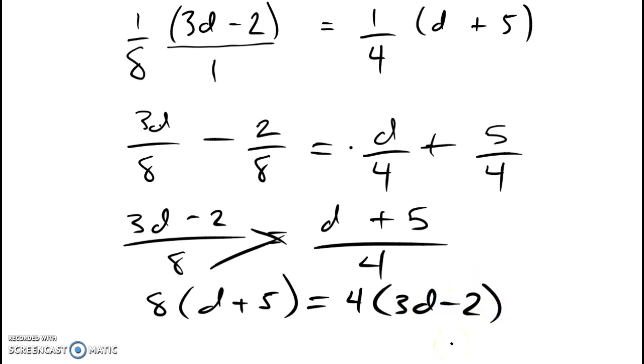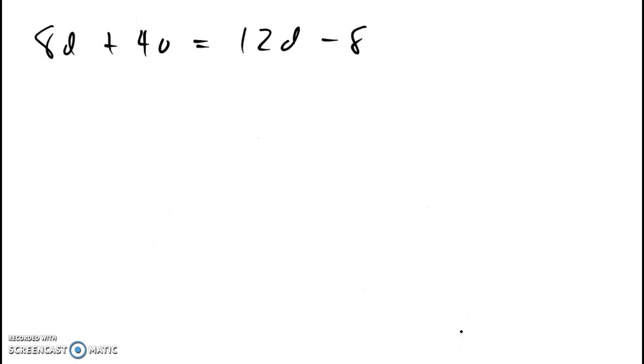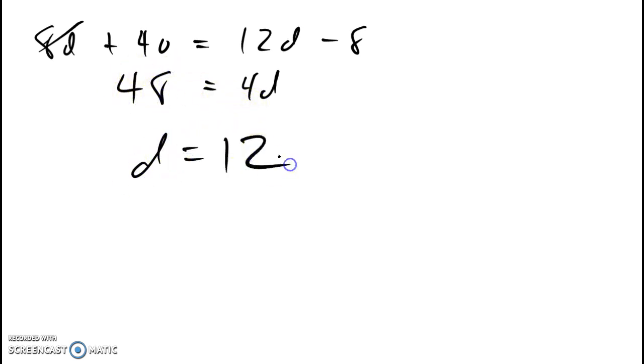And now I'm going to distribute the 8 first. 8d plus 40 is equal to 12d minus 8. And I'm going to subtract the 8d's on both sides, and I'm going to get 4d over here. Add the 8's on both sides, and I get 48. And divide the 4 on both sides, and I get d is equal to 12.